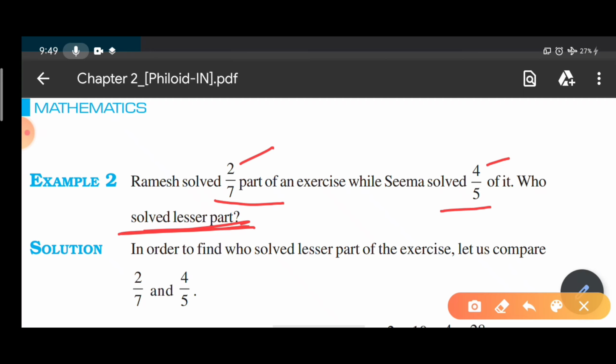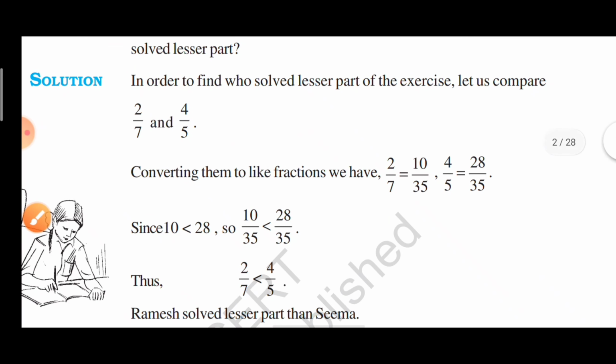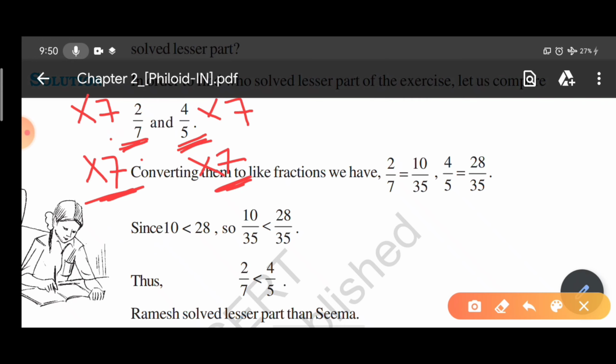Whenever you find that kind of situation, where you have to find which fraction is greater and which is smaller, you simply convert them into equivalent fractions so that their denominators become the same. To make the denominators the same, I multiply 7 with the value 5 and 5 with the value 7. My values become 10 by 35 and 28 by 35. Now you simply have to check these values.